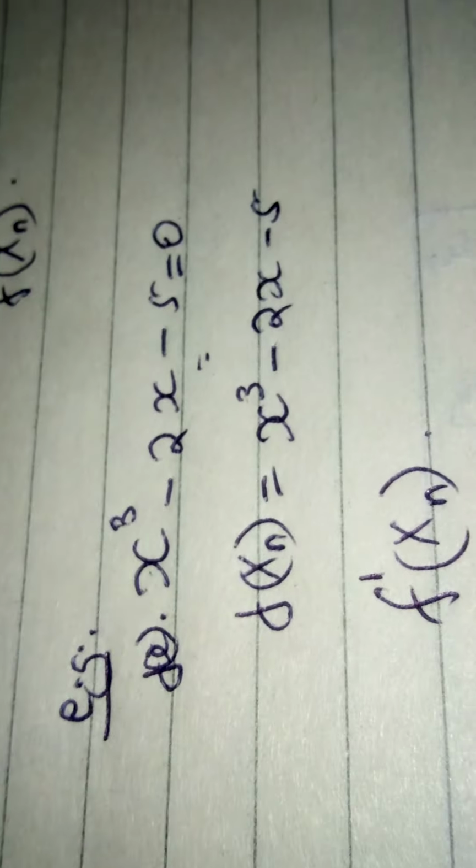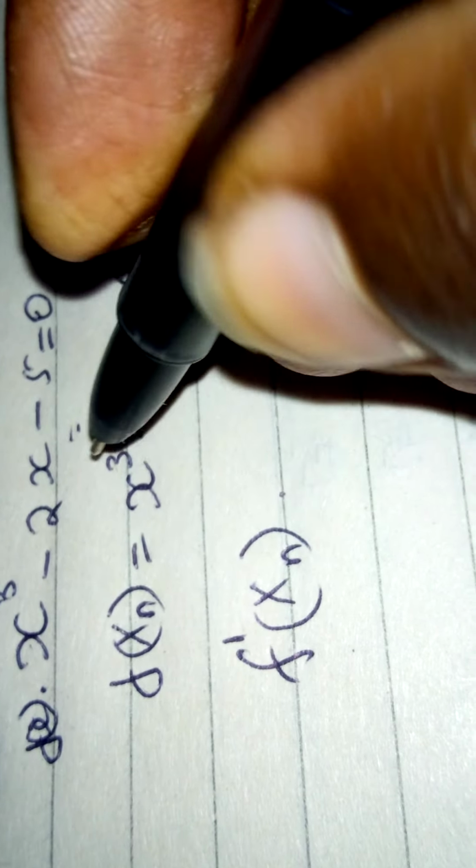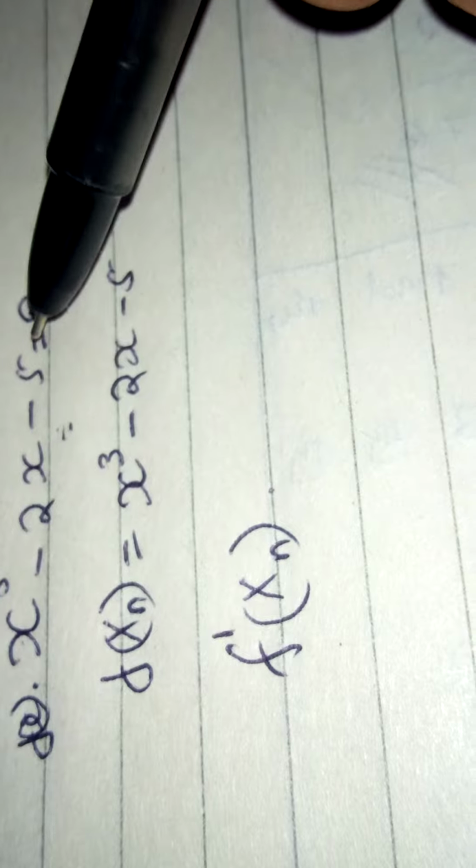Then n is equals to 1, it can be either 2, 3, or whichever value. And this n is where our root will lie. So we continue the equation here. Our f prime of x n is the differentiation of our initial equation.